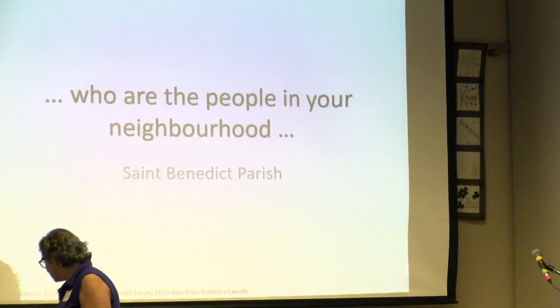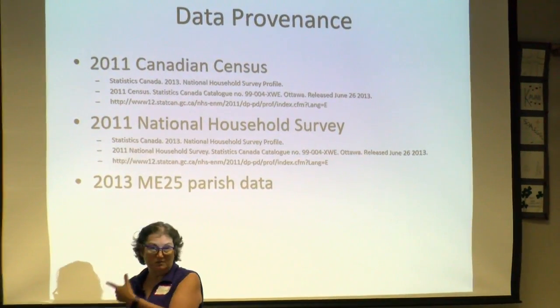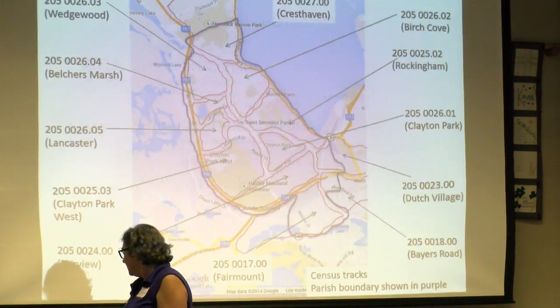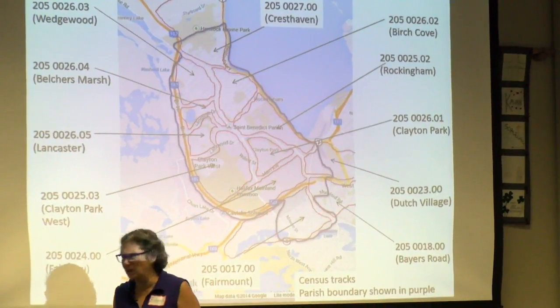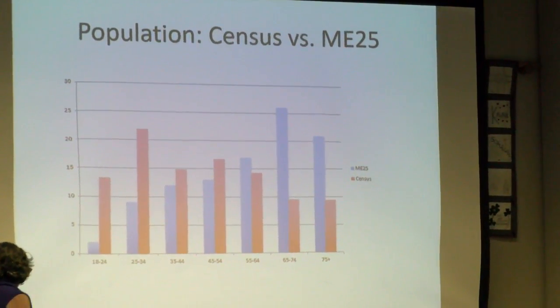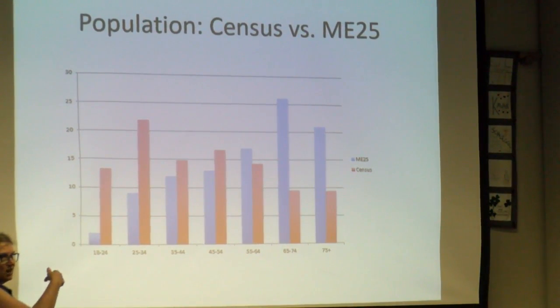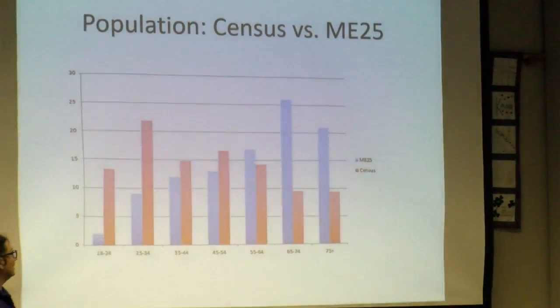I think this was just the census data. You can tell that this was our 2012 plan. He got this map, I think by postal code. And then he was comparing the population of the neighborhood to the population data that we got out of the ME25, which was our parish.